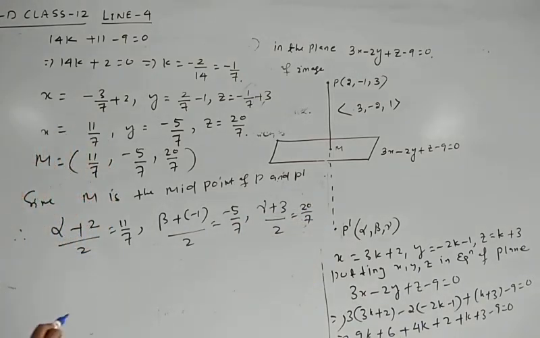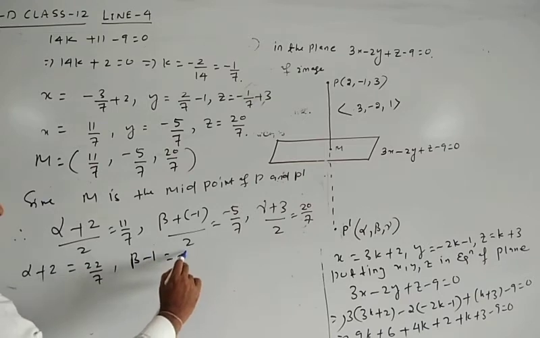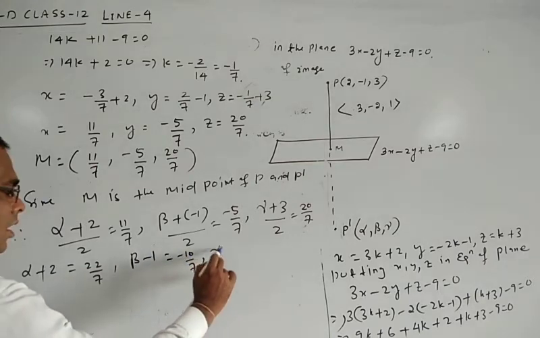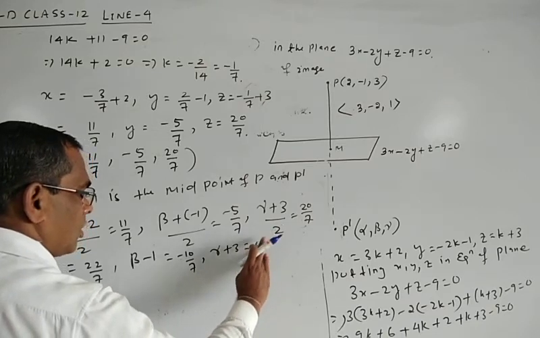So alpha plus 2 is equal to 22 by 7, beta minus 1 is equal to minus 10 by 7, and gamma plus 3 is equal to 40 by 7.